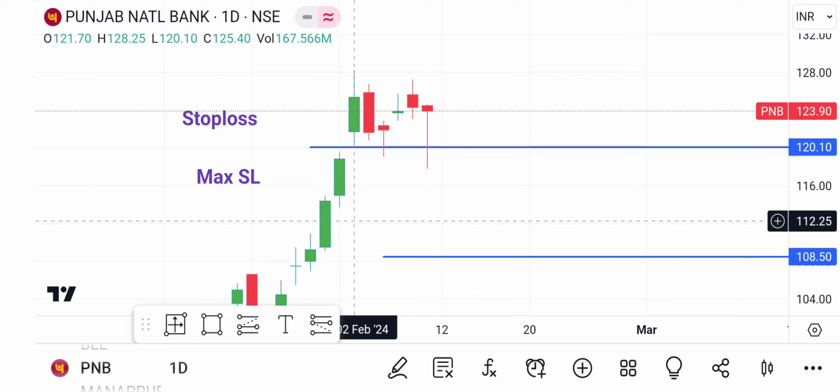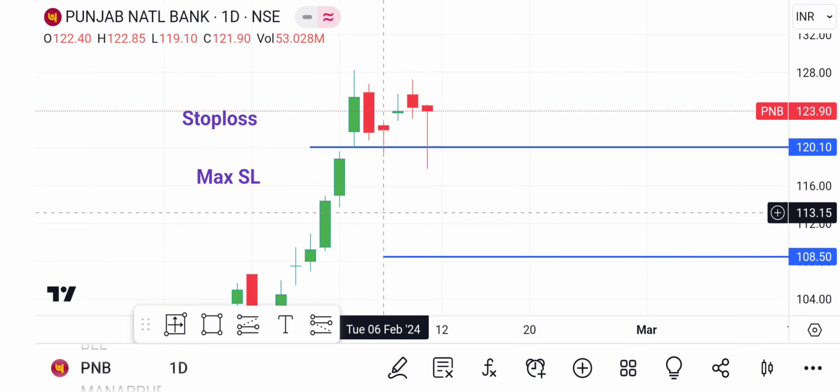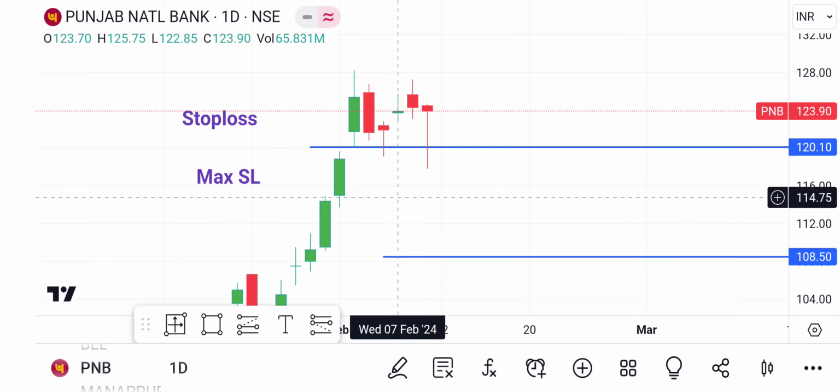So the first stop loss will be at 120.10. If any candle closes below 120.10, I repeat, the candle has to close below 120.10, then we will close the trade in PNB.